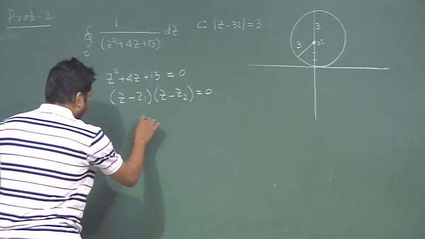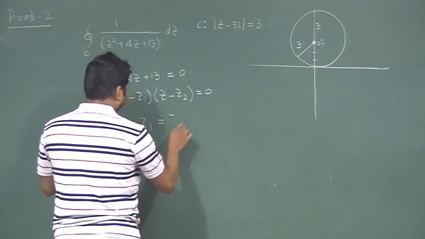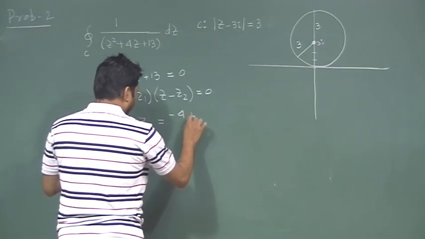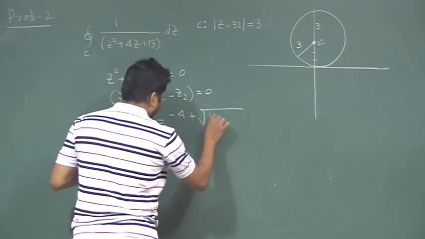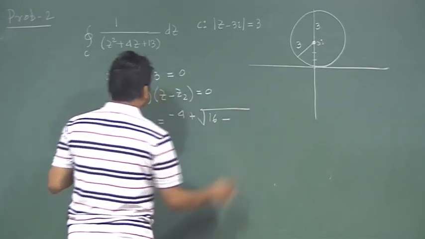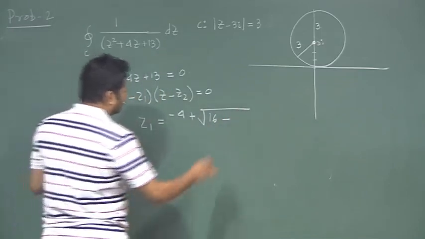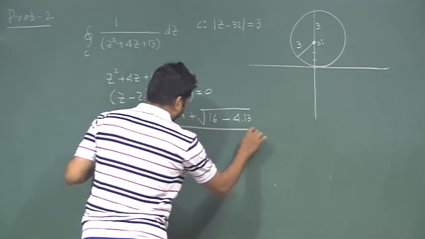So, z1 is minus b plus root over b square, that means 16 minus 4ac, so 4 into 13, divided by 2.